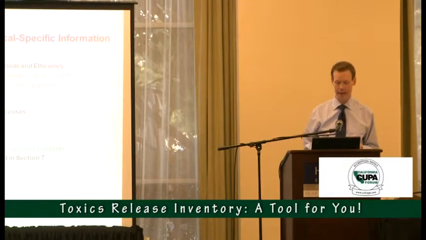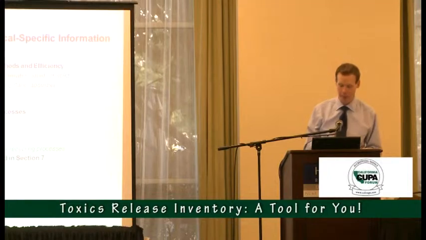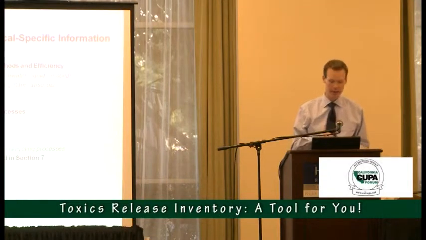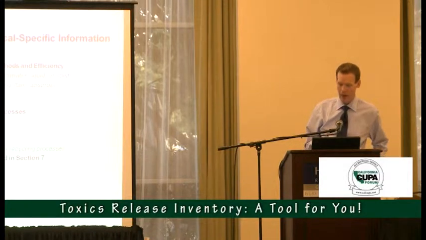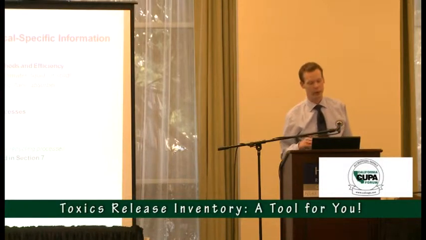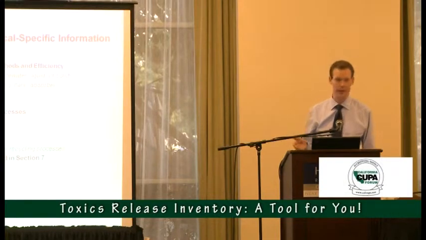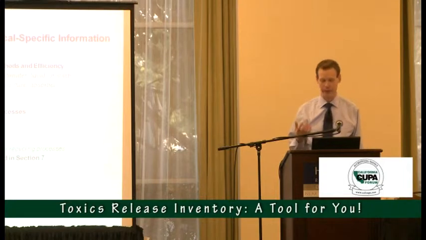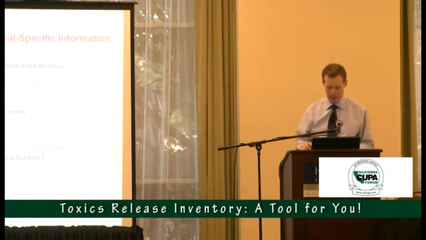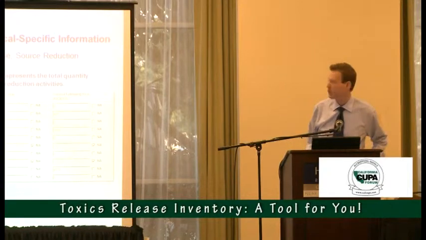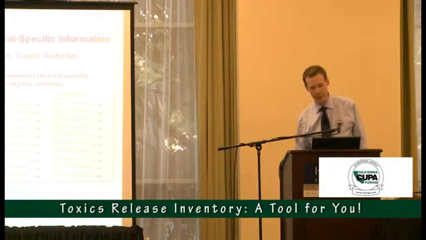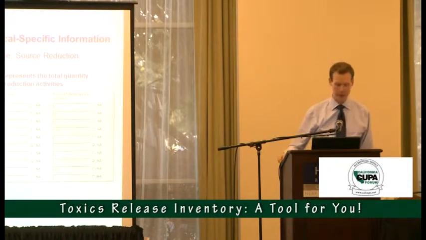The primary categories that are listed on the form are for metal recoveries, solvent recovery, or other recycling processes. Something to note is that total quantities managed are not reported directly in Section 7. So the total amount of treatment or recycling is not directly reported here. It is reported in Section 8, which is a little bit detailed, and I'll go through this quickly, I promise.